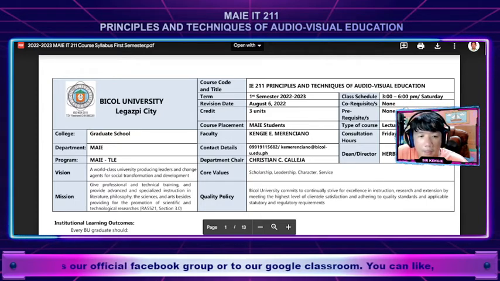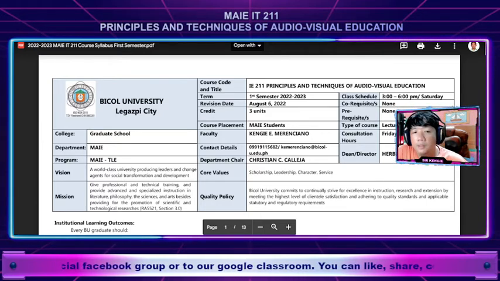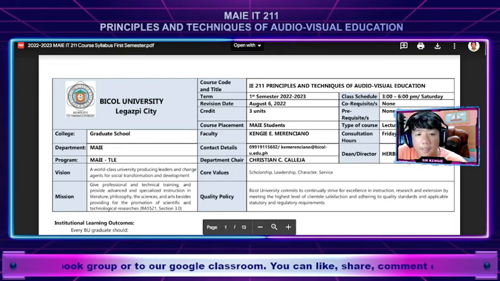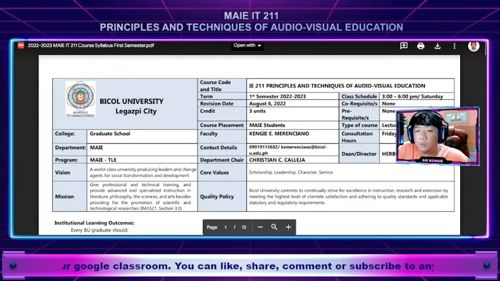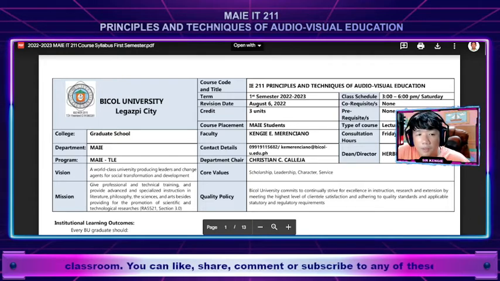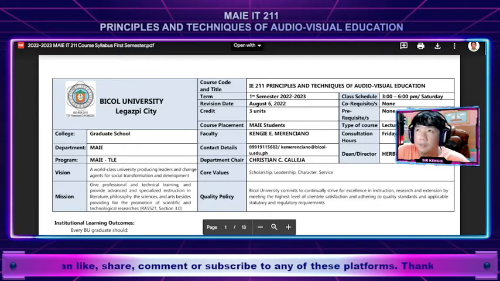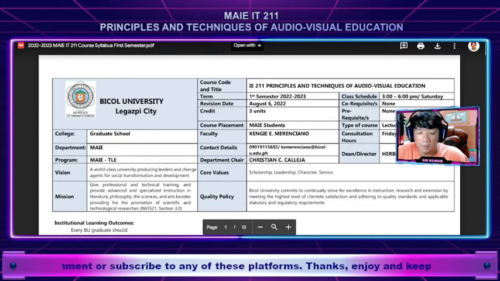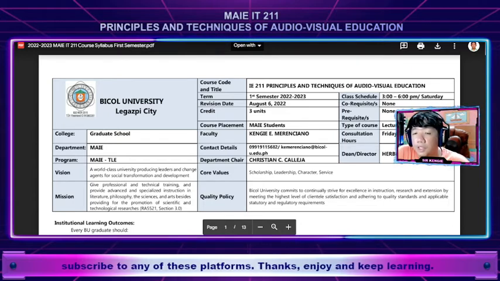So this course has 3 units credit, and placements definitely are the MEI students. The type of course is lecture. Unlike in MEI TL 210, the electrical electronics technology is a combination of lecture and laboratory.